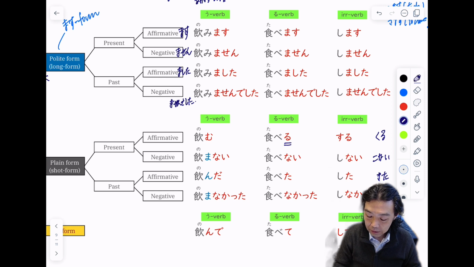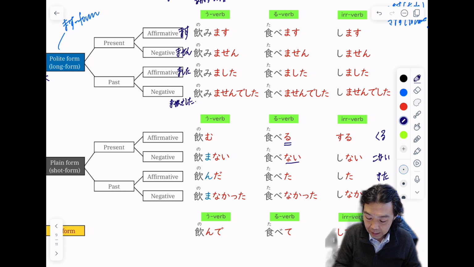So we say 食べる. 見ます becomes 見る. 寝ます becomes 寝る. 開けます becomes 開ける. 閉めます becomes 閉める. Right? So just simply add the る to the stem.